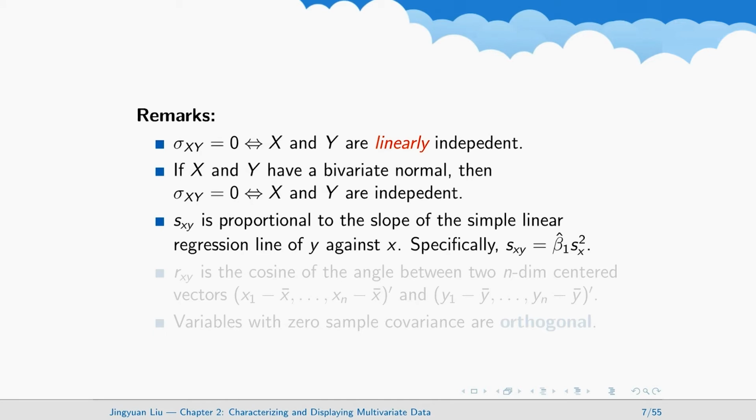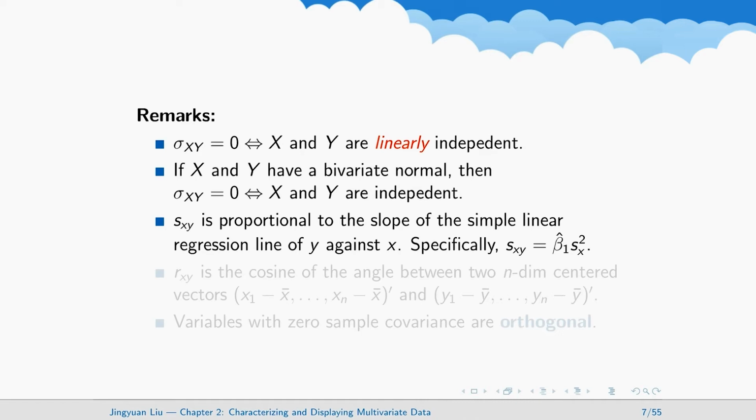The third one is that the sample covariance is proportional to the slope of the simple linear regression line of y against x. Why is that? The sample covariance and sample correlation measure the linear relations, so it should be proportional to the slope, because the slope also measures the linear relationship between y and x. If you remember, I can show you the form of the estimated coefficients in the linear model.